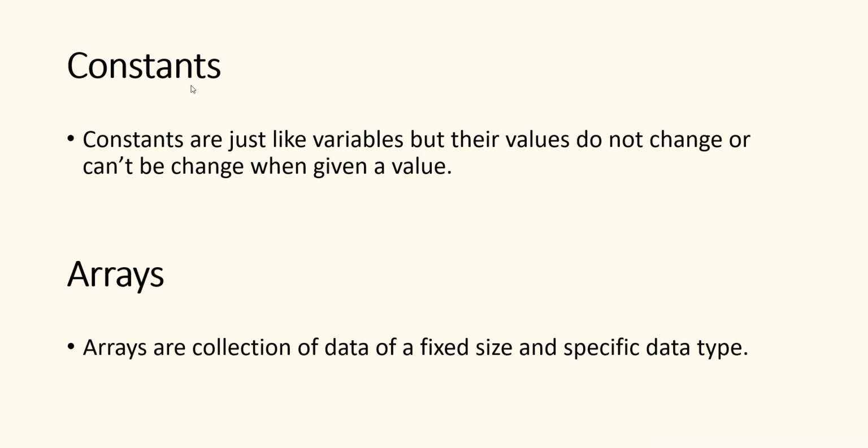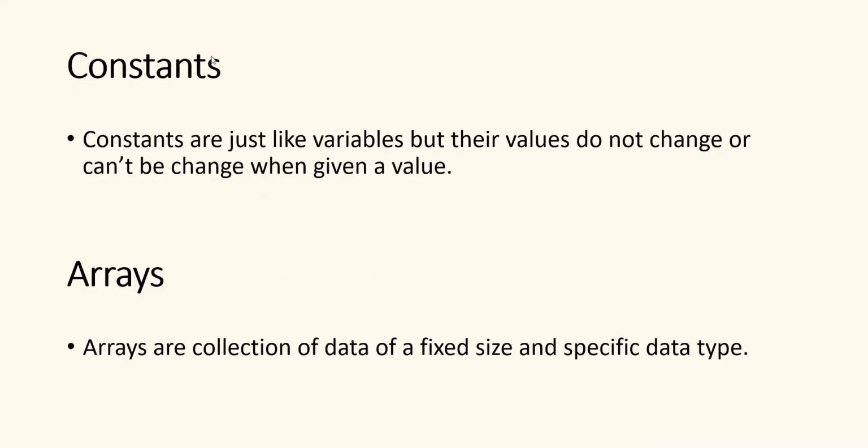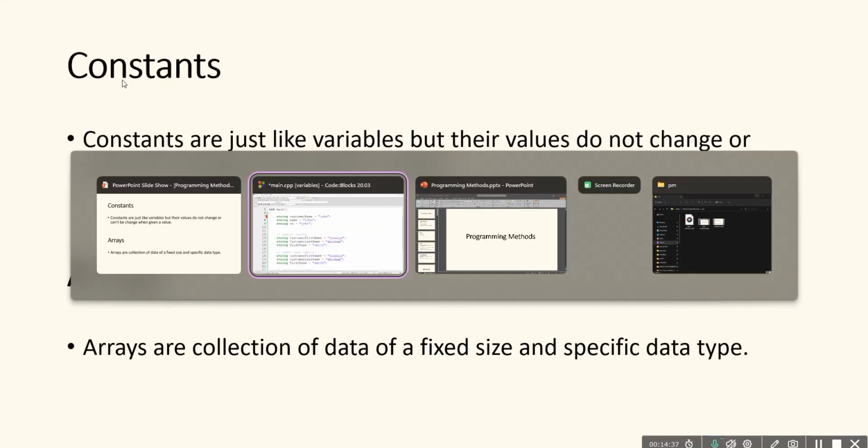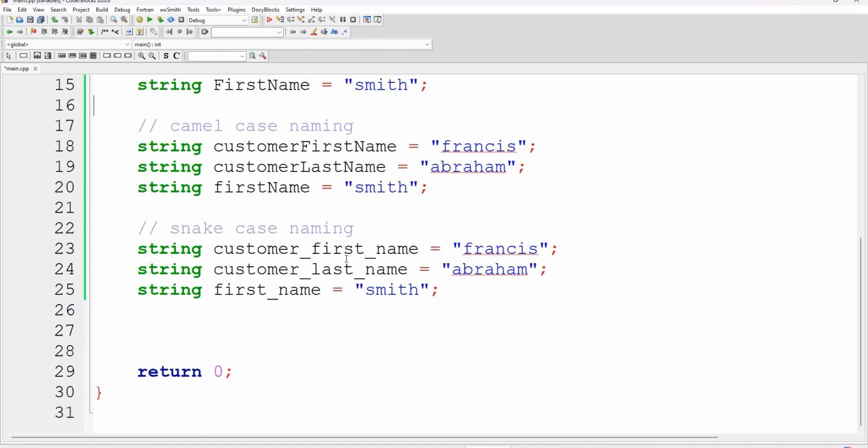Okay, let me talk about the constant, then we'll look at the other ones. So we are still looking into variables. When we say constant, it's very simple. So under normal circumstances, let me create one.